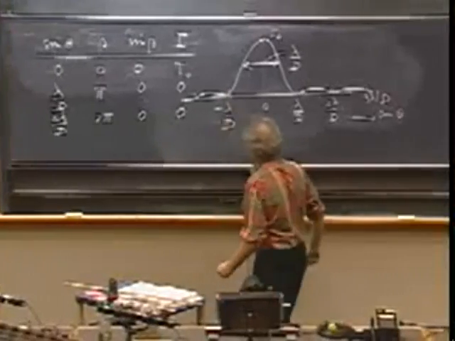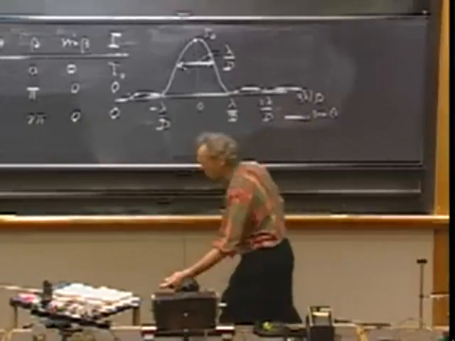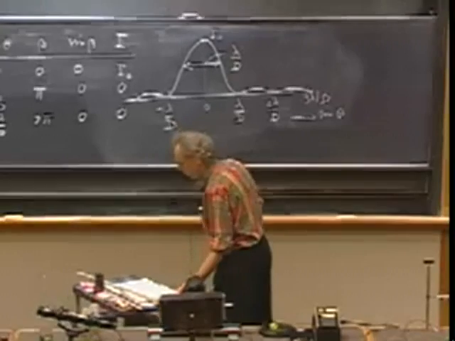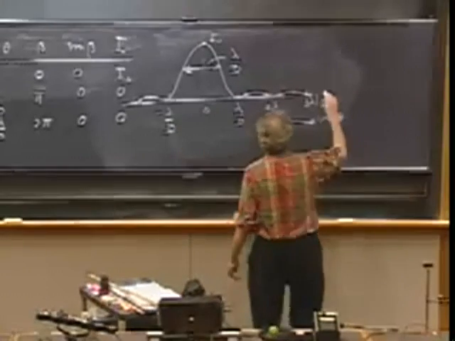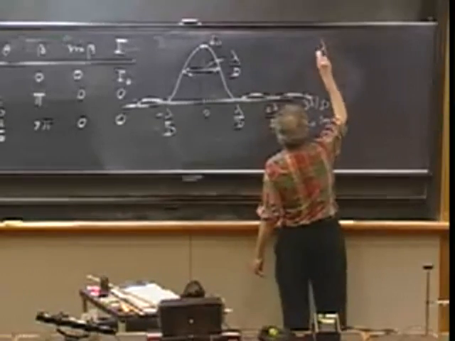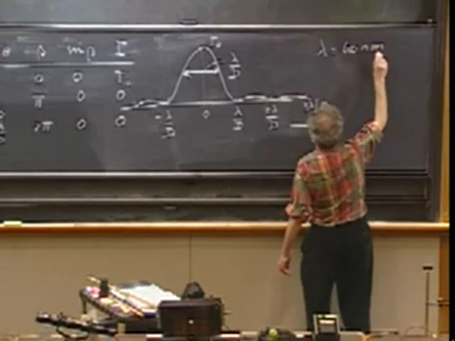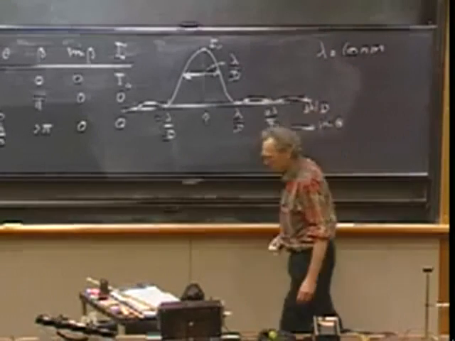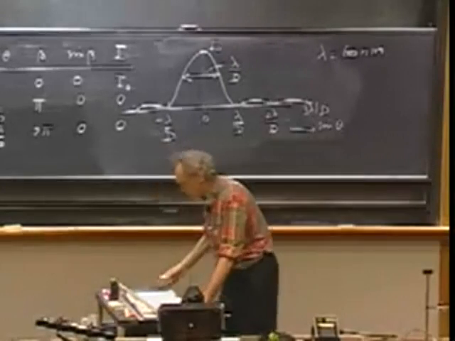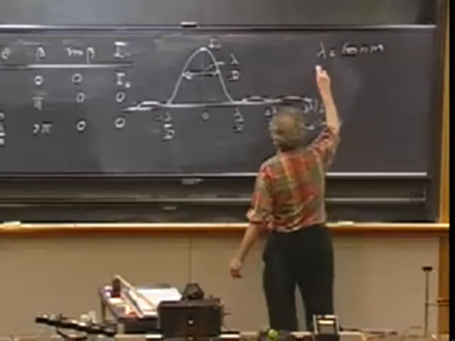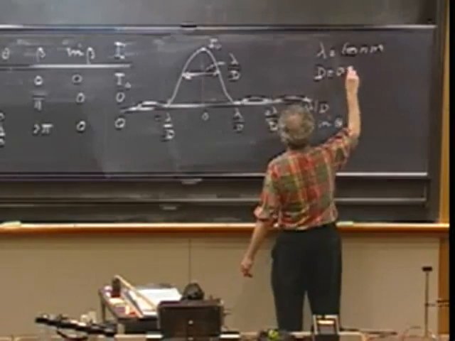So let's take an example, which is, I think, the demonstration that I have lined up for you anyhow. We'll take laser light, which is about 600 nanometers. The fact that it is 633, of course, is not so important. I give you easy numbers. And suppose we have D, which is about 0.1 millimeters.